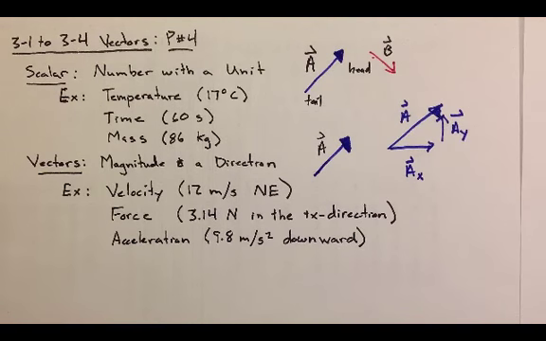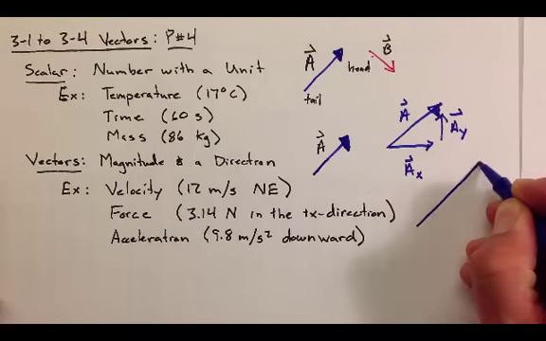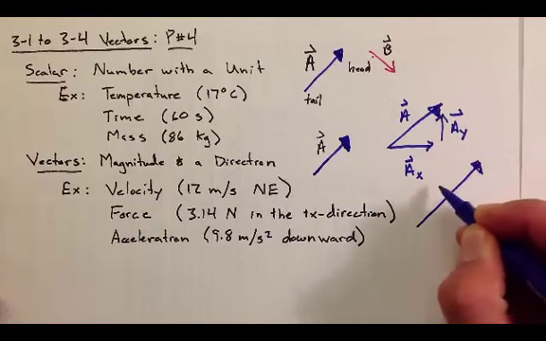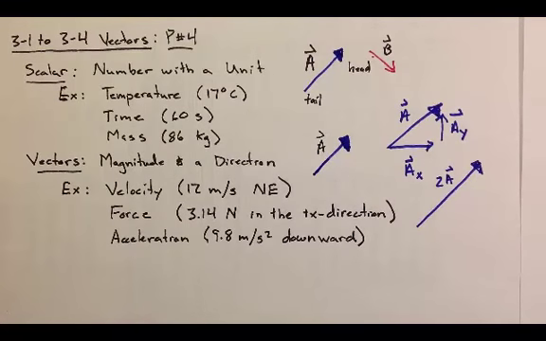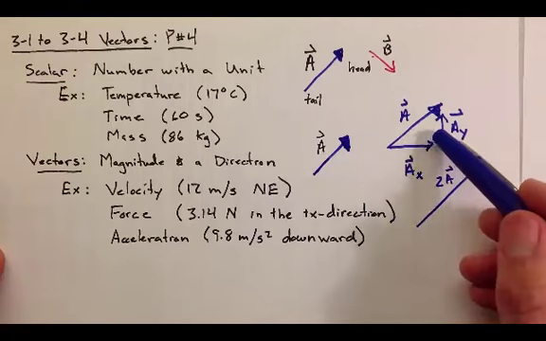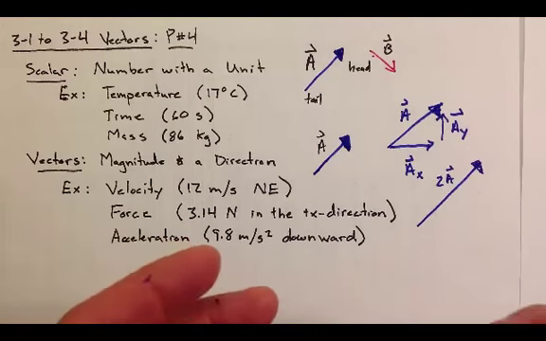Okay, let's talk about vector multiplication. I can multiply a vector by a scalar. So for instance, while this is vector A, this would be vector 2A. And guess what? Vector 2A points in the same direction that vector A does, but it's twice as long.